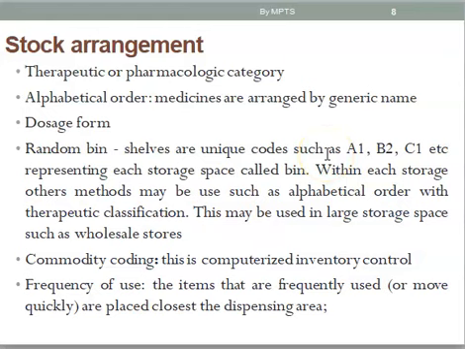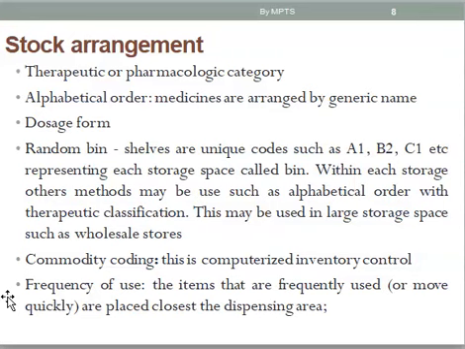This one is in A1. Paracetamol is in maybe P2. Now commodity coding. This is a computerized system. This is again in large stores. However, most of us in community pharmacies or hospital pharmacies, we use the frequency of use method.